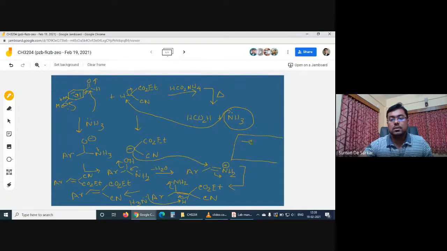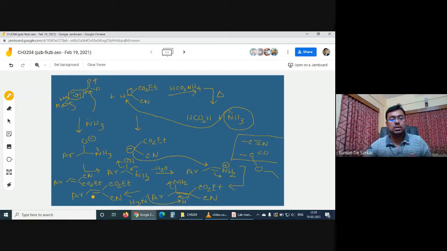Cyano, with the sp carbon, is really linear. In the other case, CO2 has oxygen, and on top of that ethyl, so the CO2Et group is pretty big compared to cyano. And of course this aromatic group is bigger than the other part where the hydrogen is. So this is the bigger part and this is the bigger part, the CO2Et.